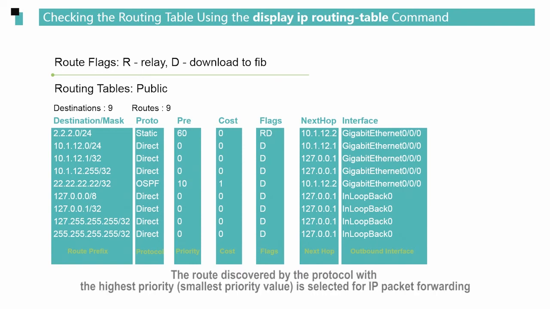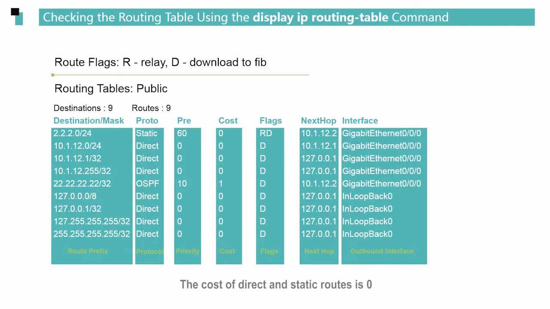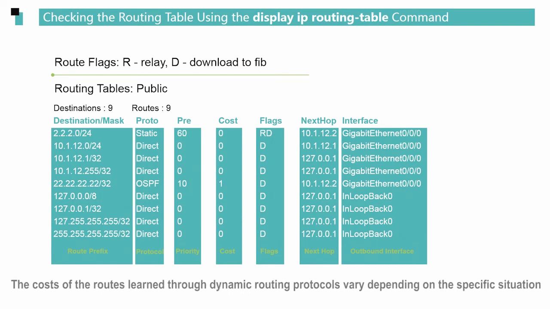The route discovered by the protocol with the highest priority, smallest priority value, is selected for IP packet forwarding. Cost. The cost of direct and static routes is 0. The costs of the routes learned through dynamic routing protocols vary depending on the specific situation.